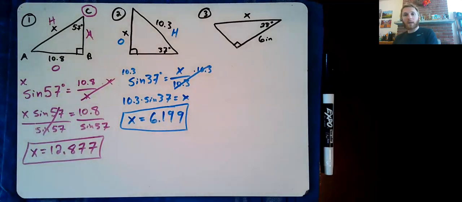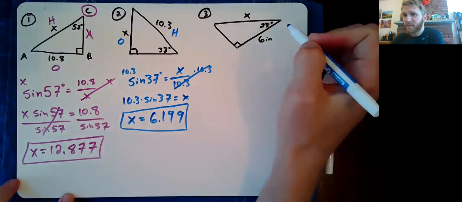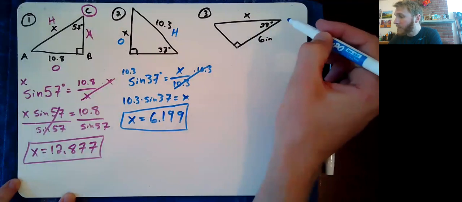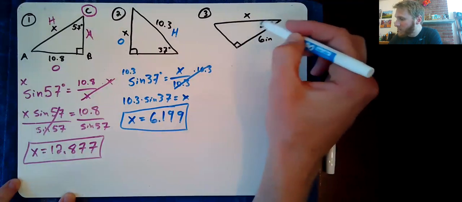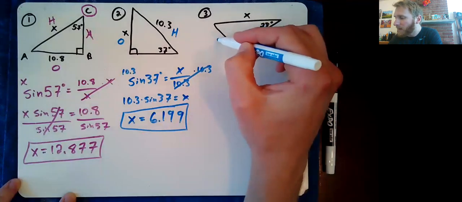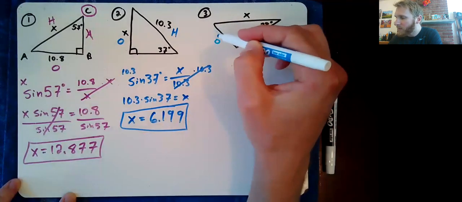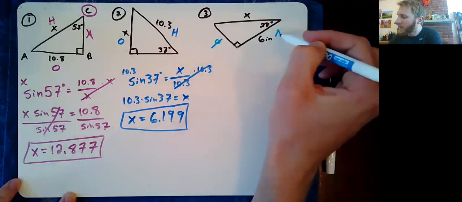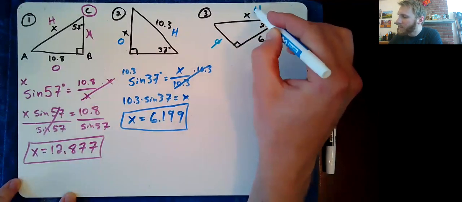We'll use this color. Again, I don't have the angles labeled in this case. I just forgot to write them. So that's okay, though. It's always related to this angle, 28 degrees. My opposite's right here, but nothing's there. So I know that's not something I want to use. My adjacent is here, and my hypotenuse is here.